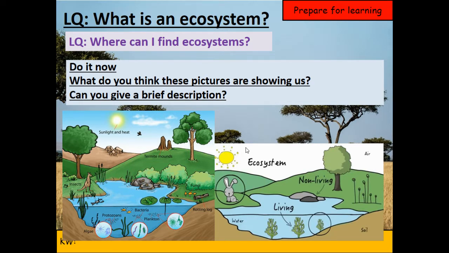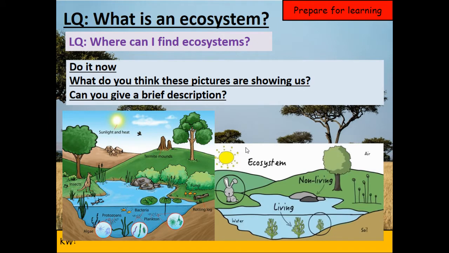Okay, so these are showing us ecosystems. Now, these are small ecosystems, okay? Ecosystems can be large or they can be small, and they are made up of the living and the non-living. So you can see all the living are the plants, the animals, the fish, the grasses, anything that is alive, an animal, plant, flora or fauna, that will be your living or your biotic factors.